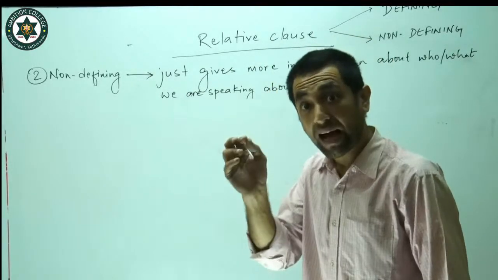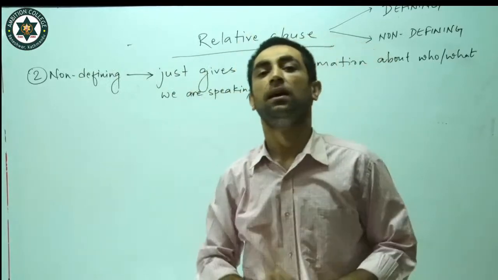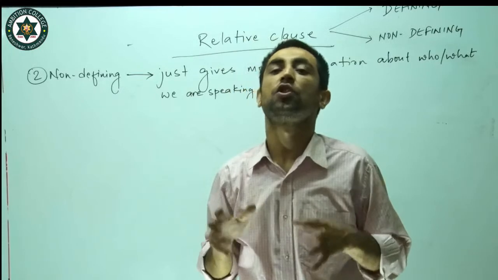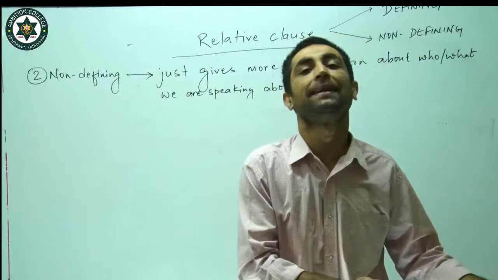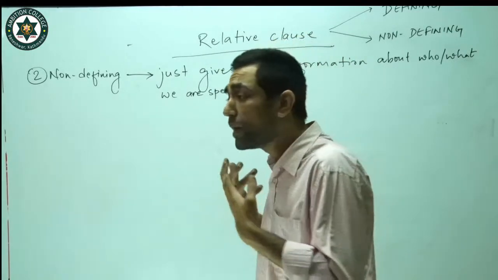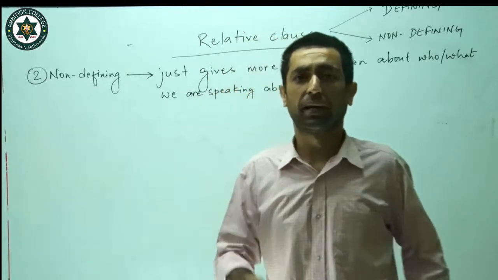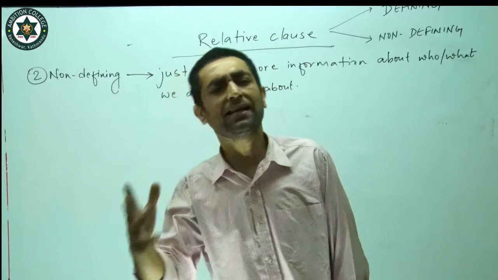If I say the car which is blue, now you are getting the defining information. The car which is 10 years old, come on, you are not getting the defining one, you are getting the additional information here.